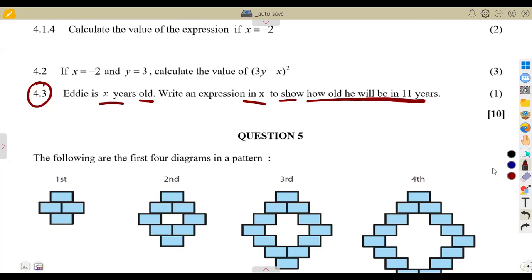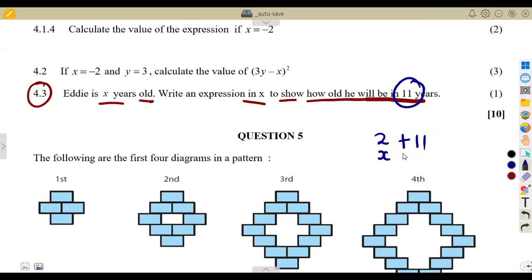Okay, take an example to say maybe Eddie is 2 years now. After 11 years, how old is he going to be? You just add 11. So if now he is X years old, and after 11 years, if he was 2, you're going to add 11.